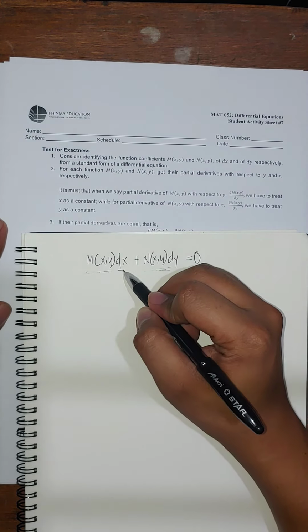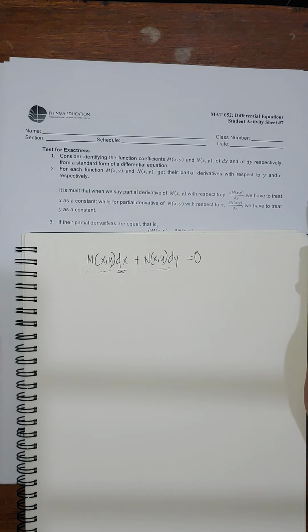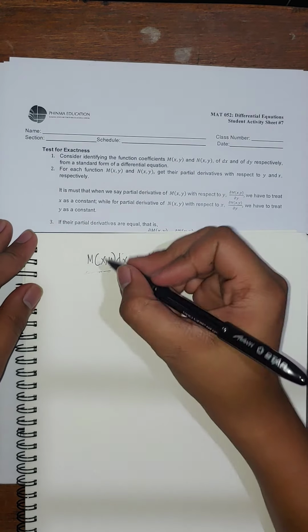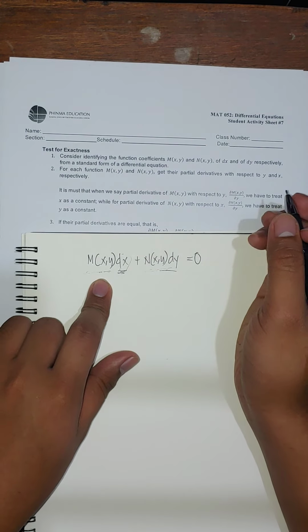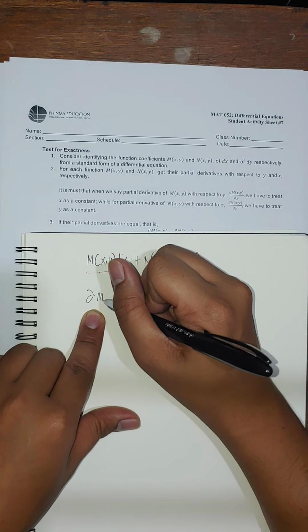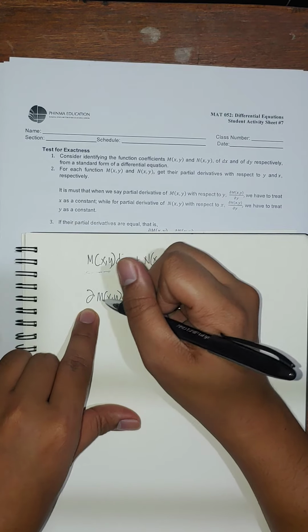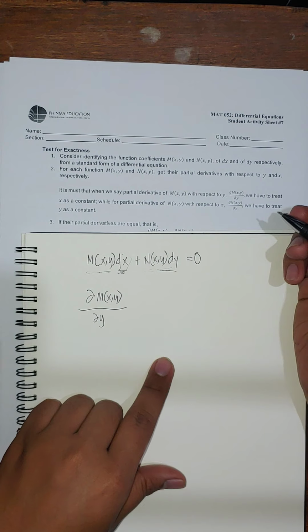For the function beside dx, we take the partial derivative with respect to the opposite variable, which is y. So for M of x,y, we take the partial derivative, with a symbol like this instead, with respect to y.